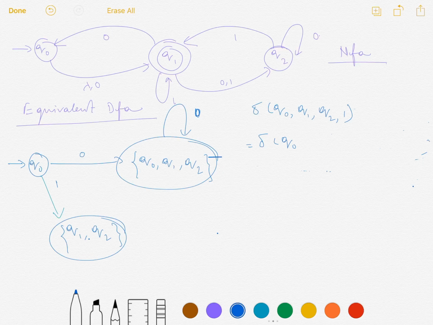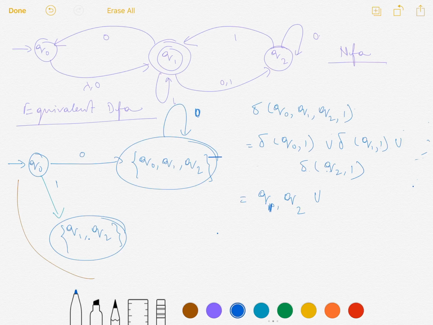It must be delta Q0 1 union delta Q1 1 union delta Q2 1. Q0 1 directly is not mentioned, but from this example I can say that Q0 1 will be Q1, Q2.